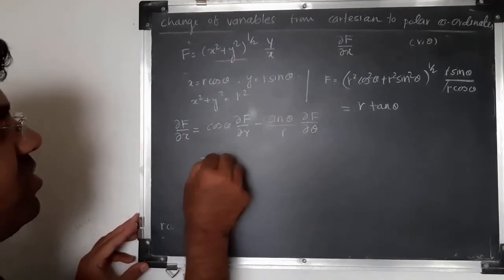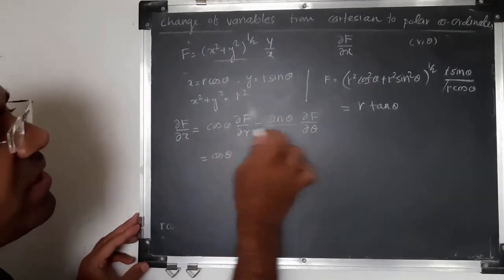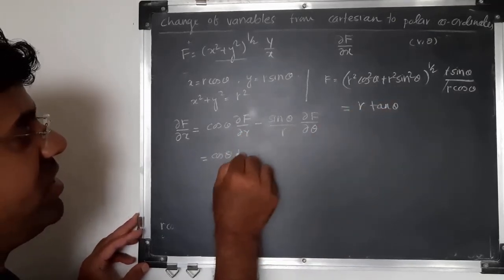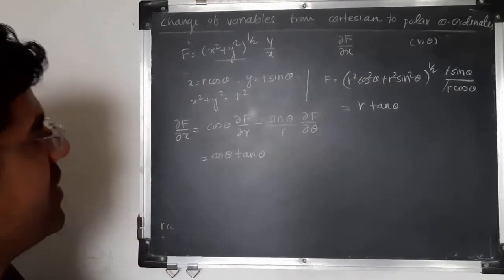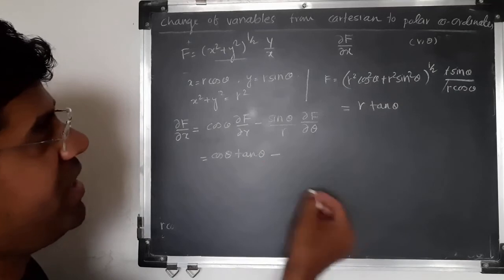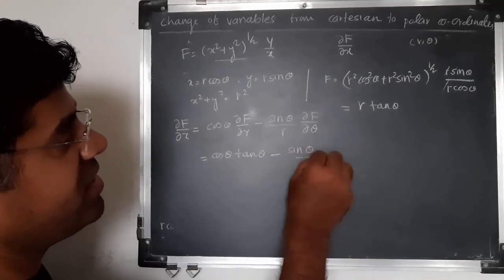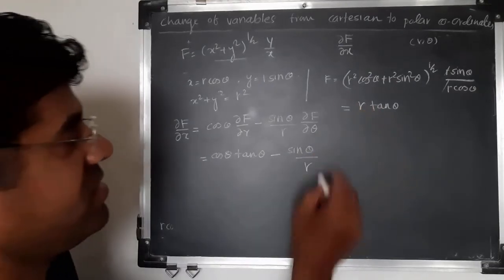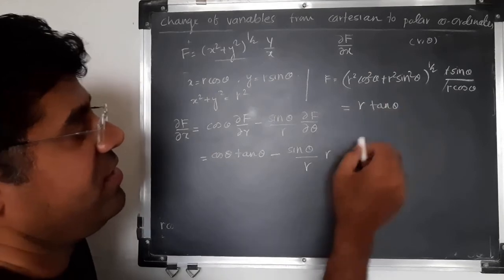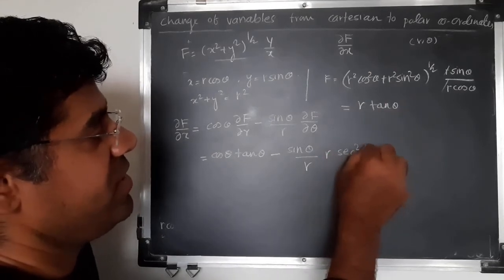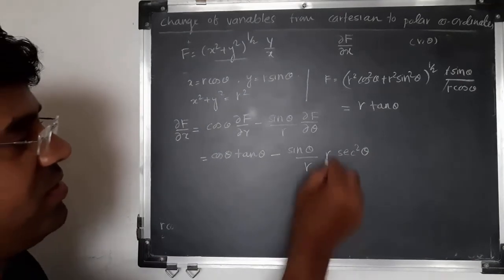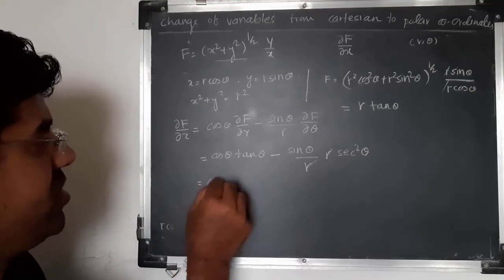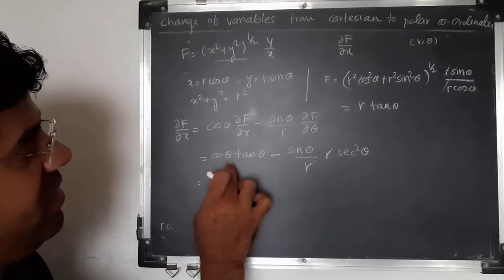So this is nothing but cos θ ∂f/∂r. This depends only upon r, so here it will be tan θ, minus sin θ upon r ∂f/∂θ. Here r is as it is, and the derivative of tan is sec² θ. So again r gets cancelled, and you will get cos θ and tan θ.